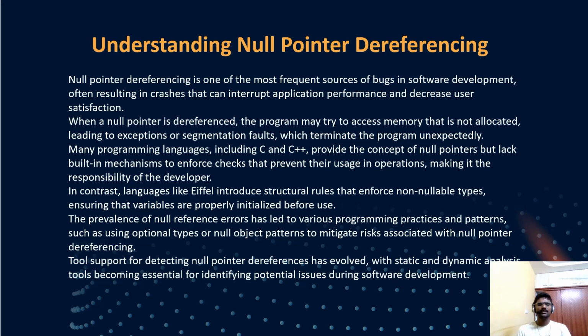In contrast, languages like Eiffel introduced structural rules that enforce non-nullable types, ensuring that variables are properly initialized before they are used. The prevalence of null referencing errors has led to various programming practices and patterns, such as using optional types or null object patterns, to mitigate risks associated with null pointer dereferencing.